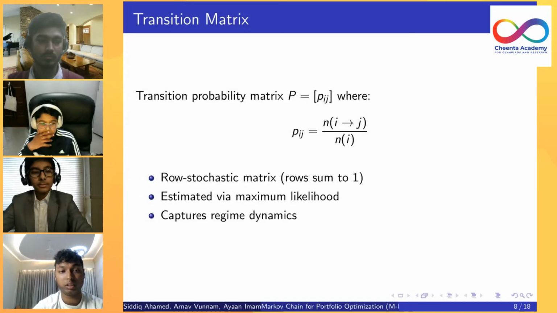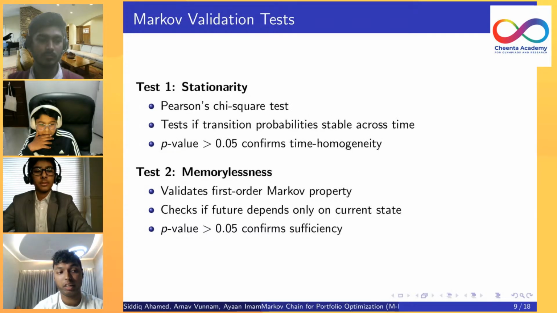The matrix is row stochastic, meaning each row sums to 1, which ensures valid probability transitions. This matrix is crucial because it captures how the market evolved over time rather than assuming random or independent movements. Going to the next slide.